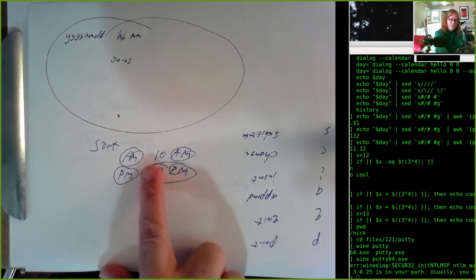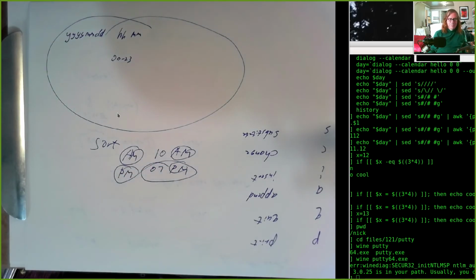Or like I say, put the AM and PM in the front for the sake of sorting. Okay, so when I show the appointments, I could say like $time and then PM or AM. Yep, sure.